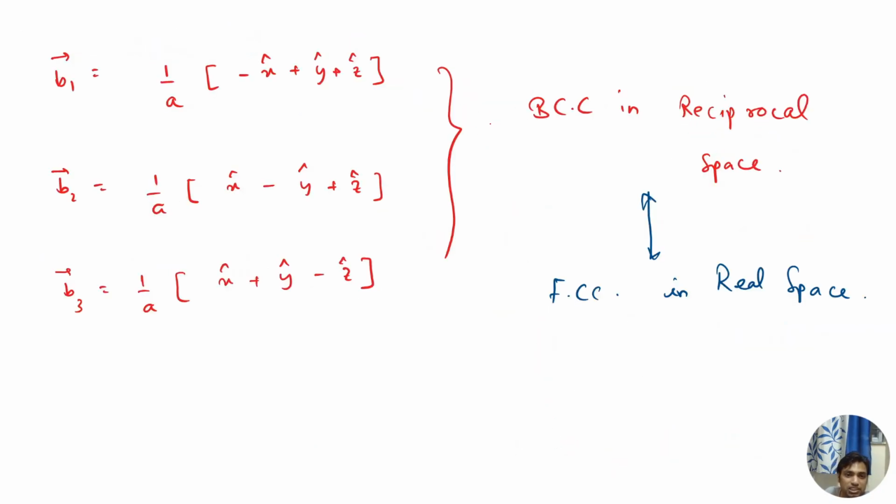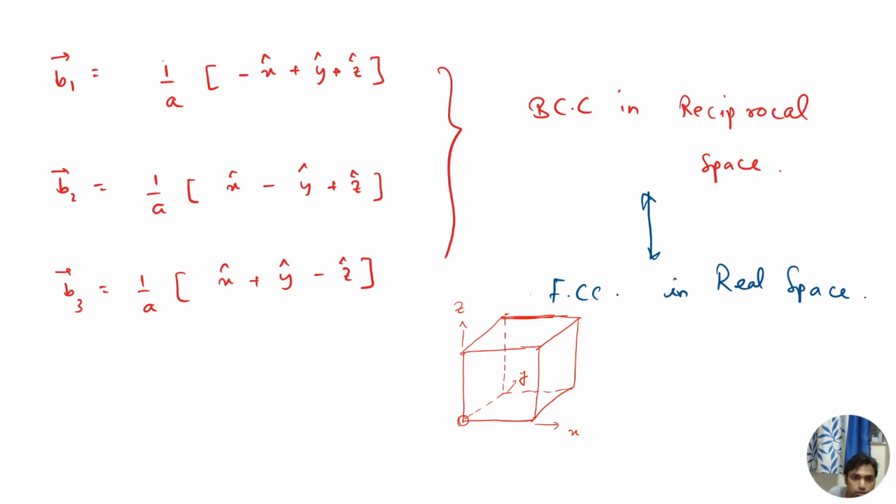And what you get here is B1, B2 and B3. So what is this thing? Suppose you have a cube here, and you are starting from this origin, this is your x, this is your y, and this is your z.